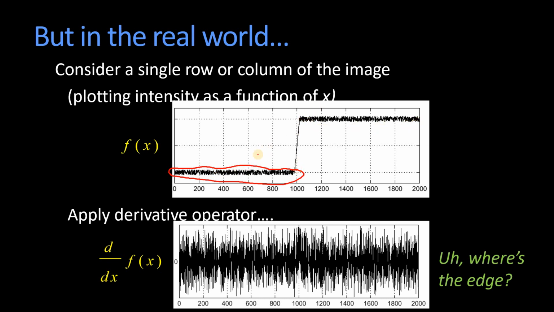Now if you apply a derivative to this signal, what will happen? You will get this result. This result is a disaster. Can you find any edge over here? No, nothing. Why did it happen? Pause the video and think over it. Can you find why?